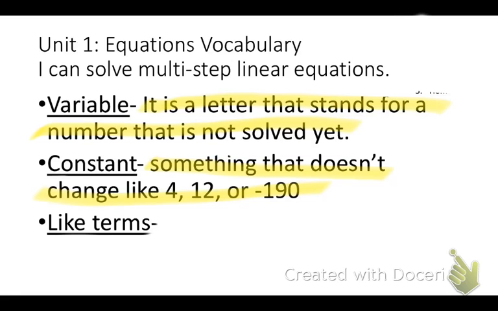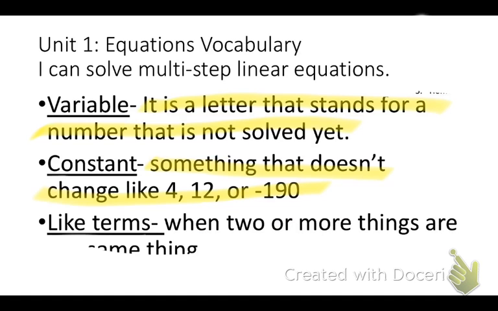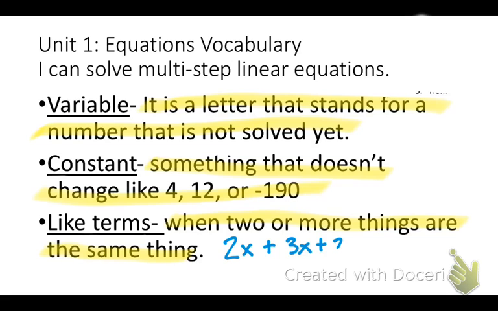Now, like terms. Like terms are where we combine when two or more things are the same. So an example of this would be if we had 2x plus 3x plus 2 equals 8.